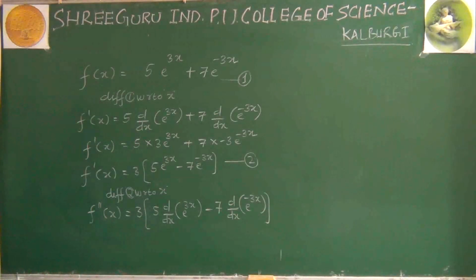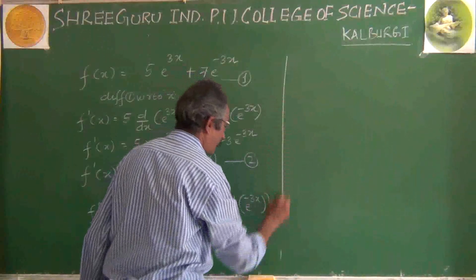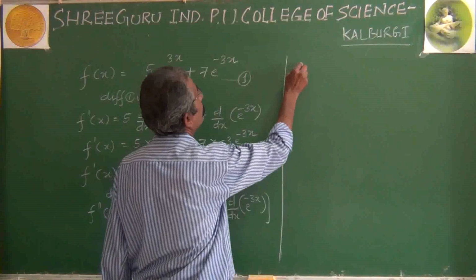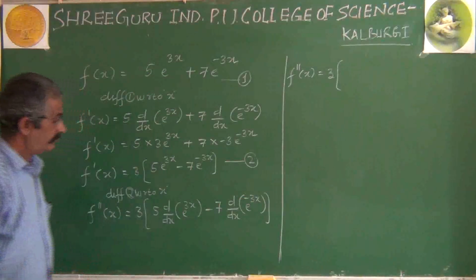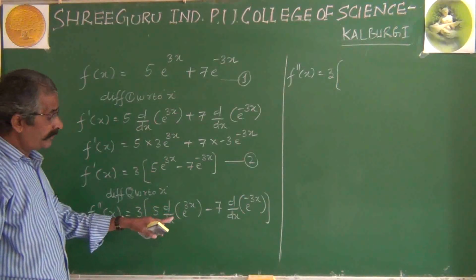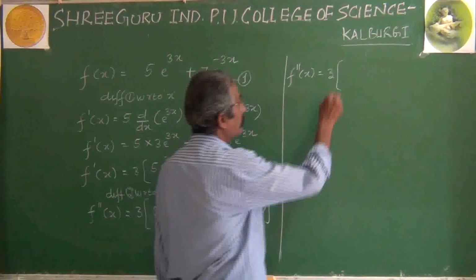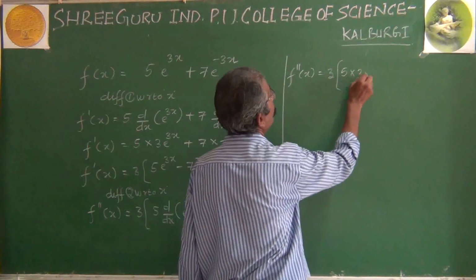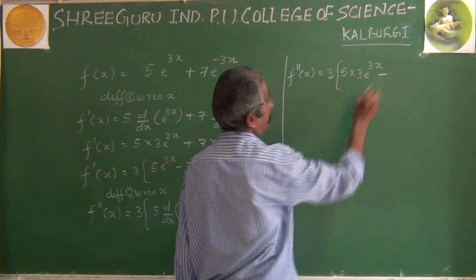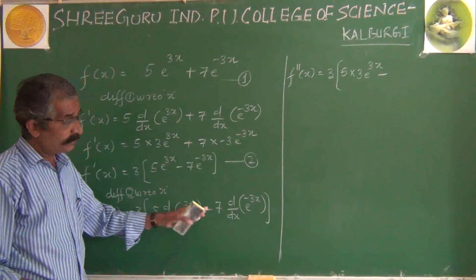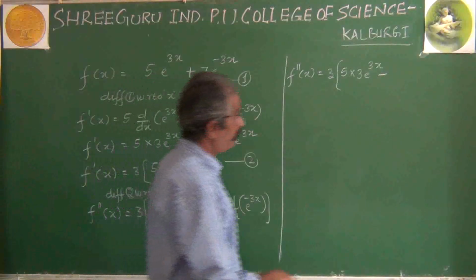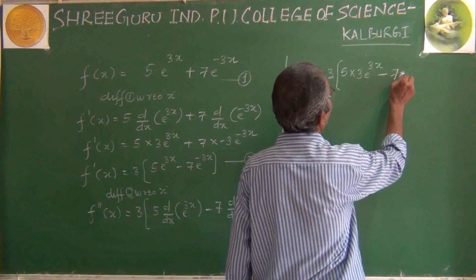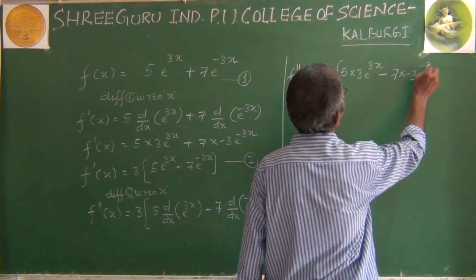Further, f double dash x equals 3 into bracket, differentiation of e to the power of 3x means 3 e to the power of 3x, that is overall 5 into 3 e to the power of 3x, minus 7 into differentiation of e to the power of minus 3x, which is minus 3 into e to the power of minus 3x, that becomes minus 7 into minus 3 into e to the power of minus 3x.